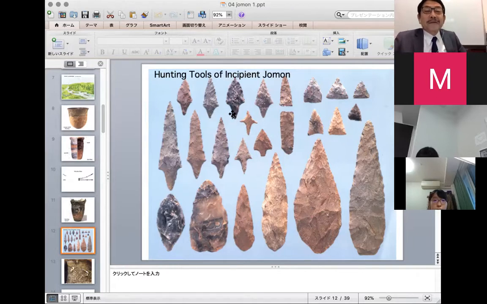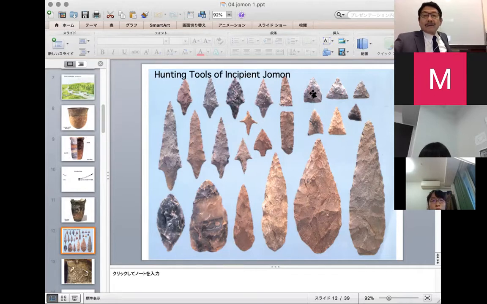This is the final phase of this spear point. Okay, and these are a little different. This is a smaller type, and finally loses this tongue. And so much difference you can see from spear point into arrowheads.